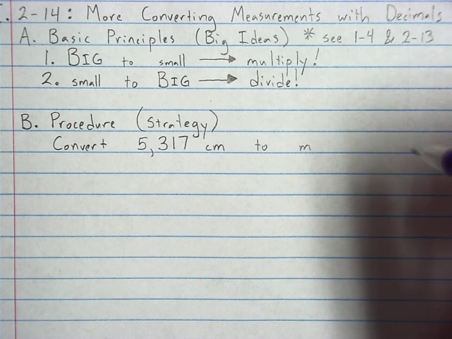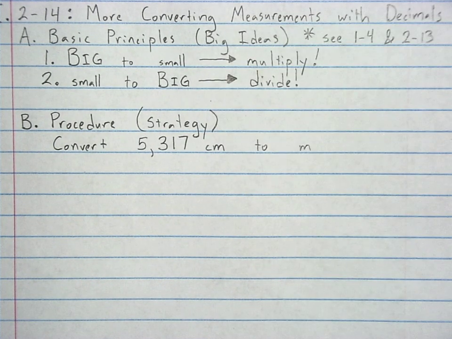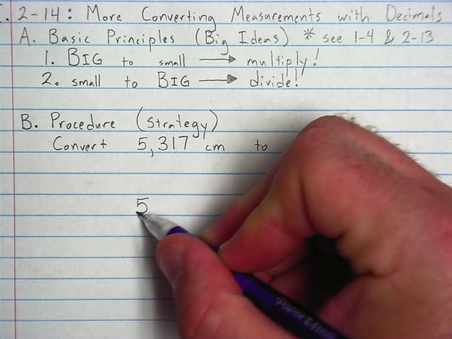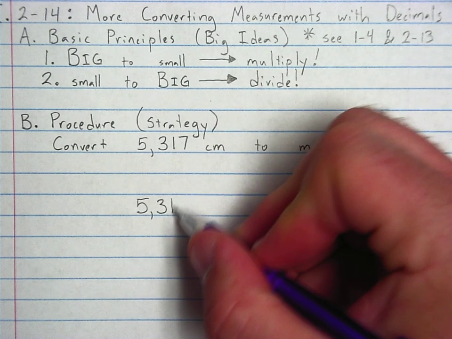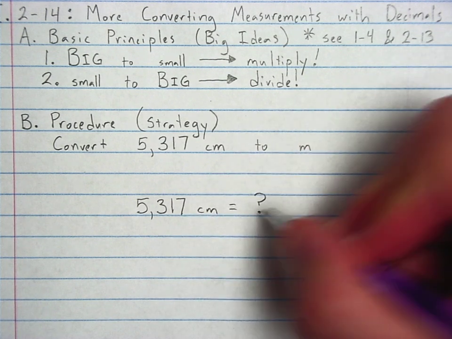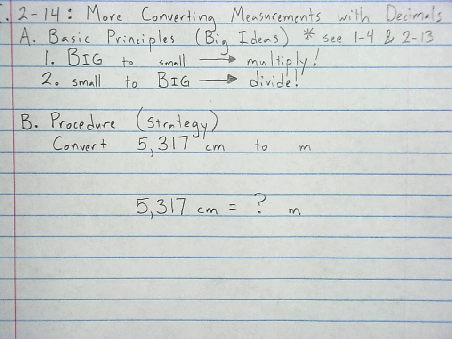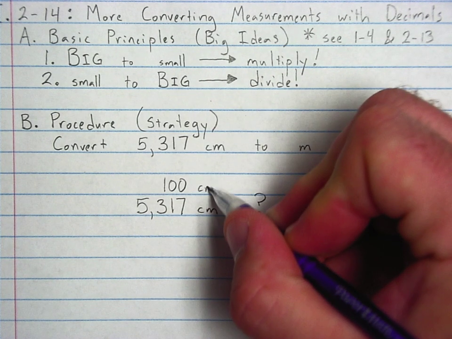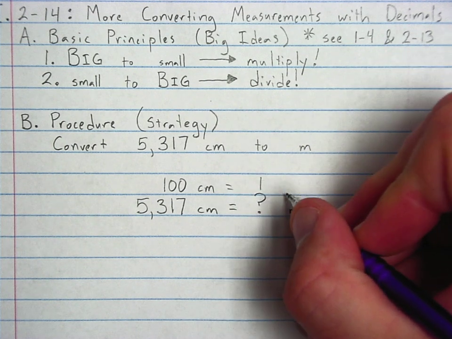Now, you can do this the same way we did the other ones. 5,317 centimeters is equal to, I don't know how many, meters. I know that 100 centimeters is equal to 1 meter.